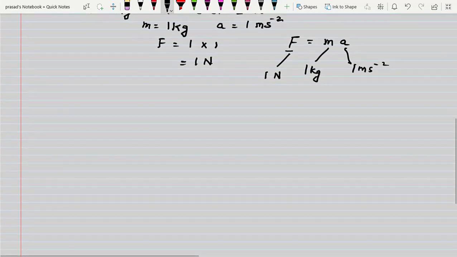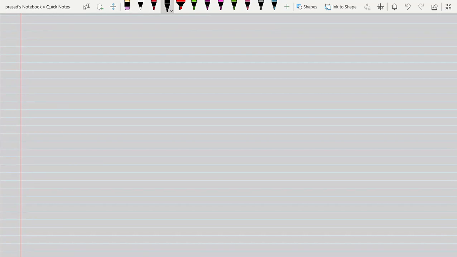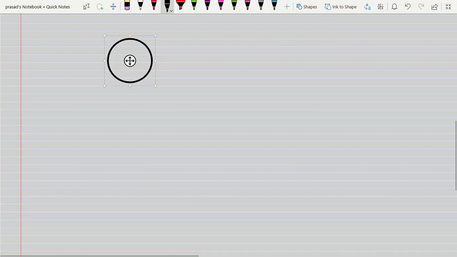Now, suppose a particle or an object is falling vertically downwards. This object is of mass m kg. It is falling downwards. So, which force is going to act on this object? That is nothing but the force of gravity.